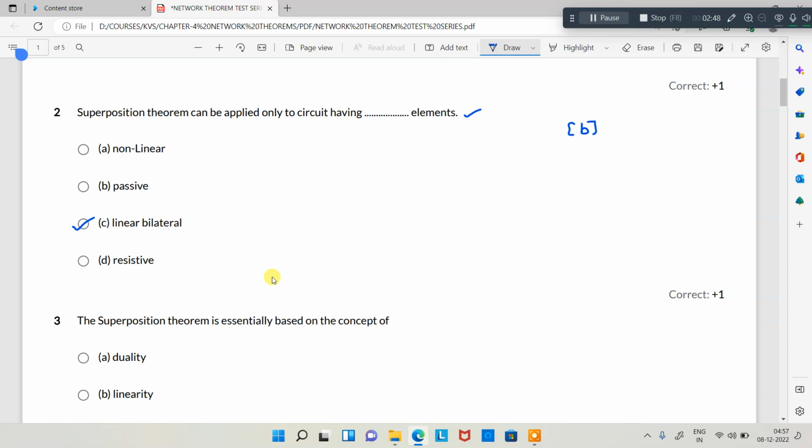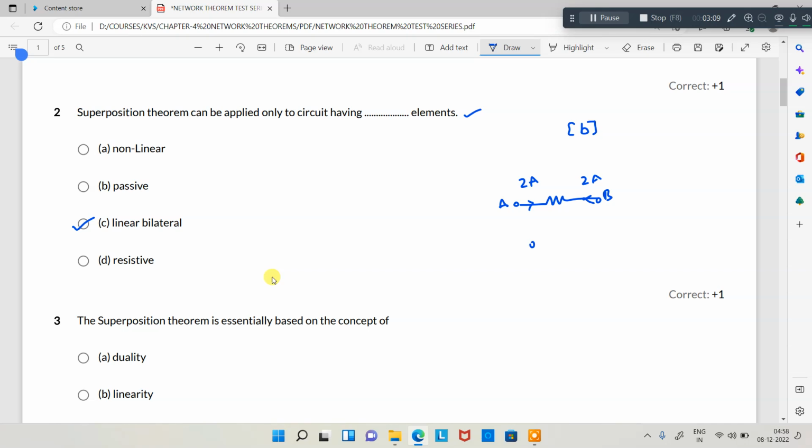What is meant by linear and bilateral? For example, we have a resistor. I provided a current of 2 amperes from terminal A to B, right? The same current, if I reverse it from B to A, will be the same. So a resistor is a bilateral element.